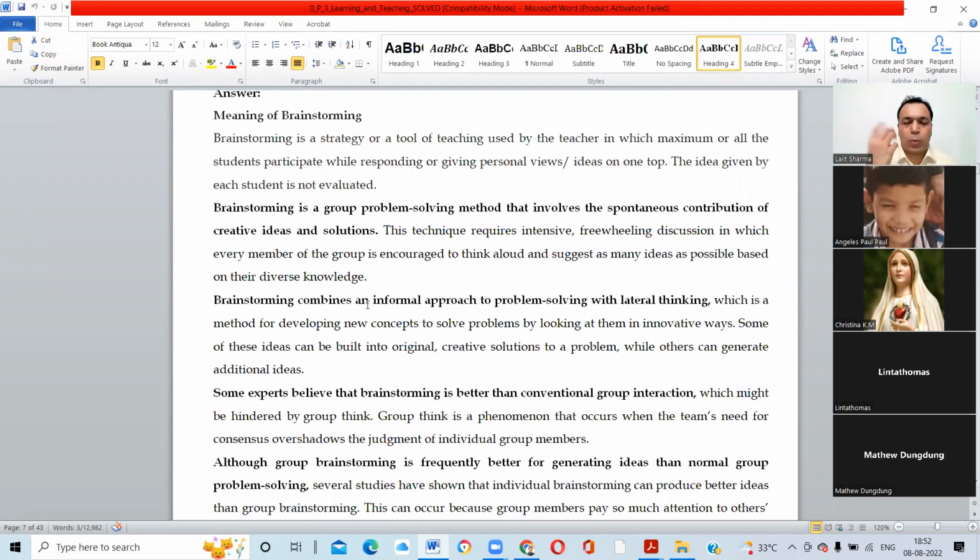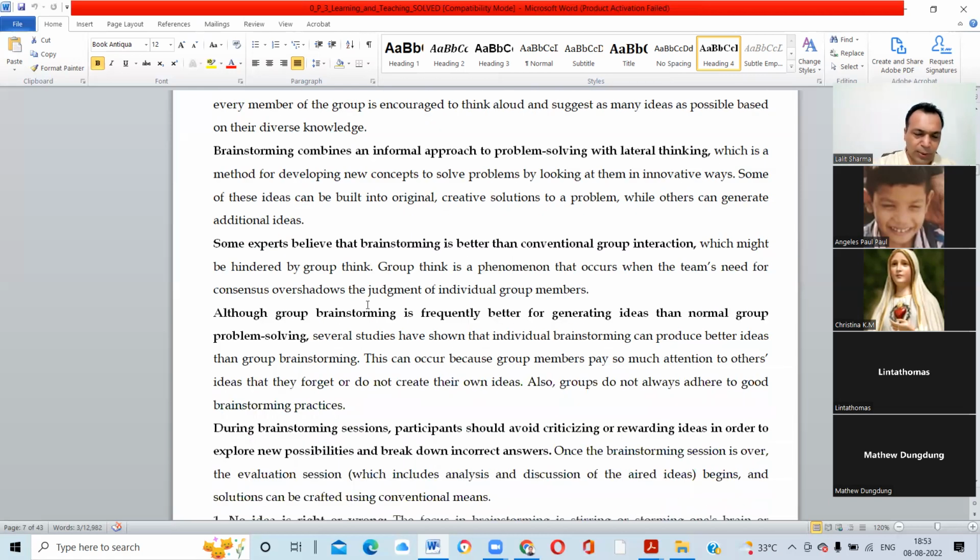He gives one problem in front of the students, and the students brainstorm and discuss with one another. In this kind of teaching strategy, the teacher acts as a facilitator, right guys?